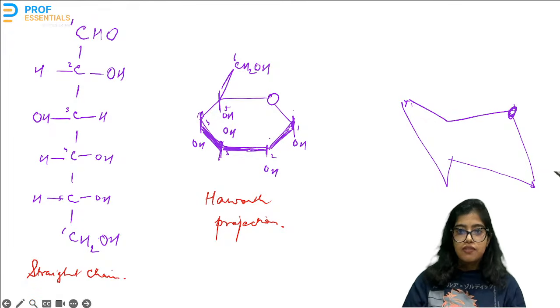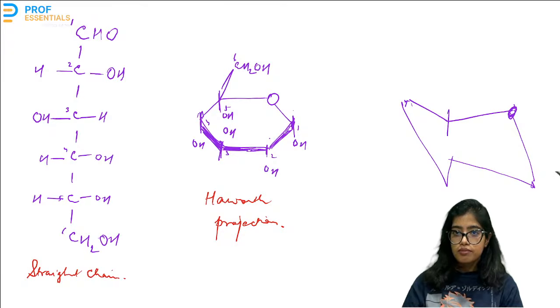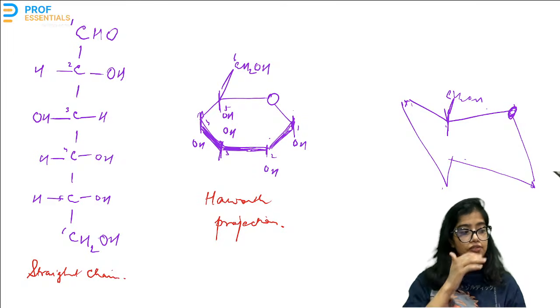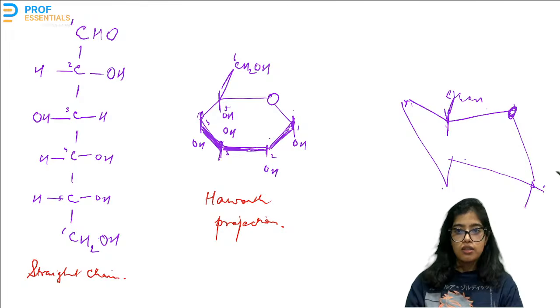And here you will have CH2OH. You draw H also here. So this is 1, 2, 3, 4, 5, and 6. So H and OH you also have to draw here. Now I hope you understood all the three different ways in which you draw the projections.